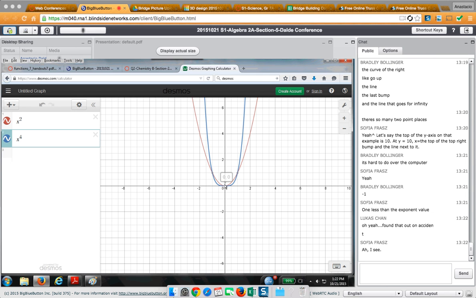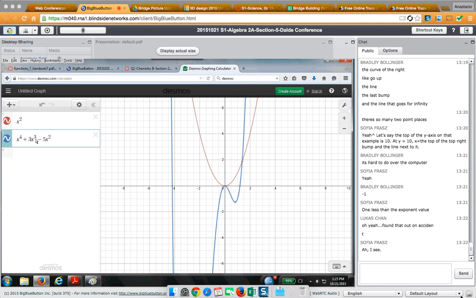But if I start messing with this and add more terms, like 3x cubed minus 2x squared. Let's make it minus 5x.